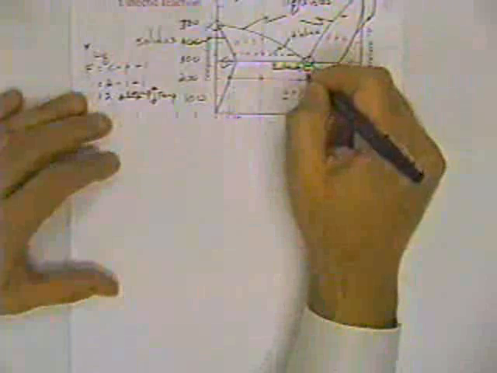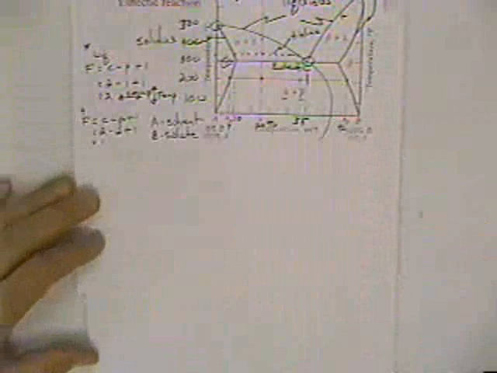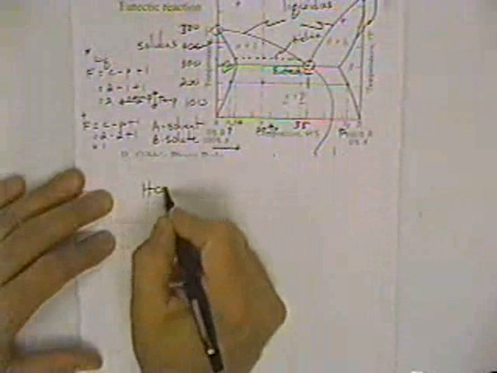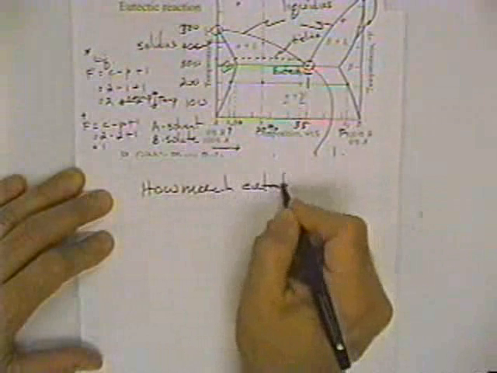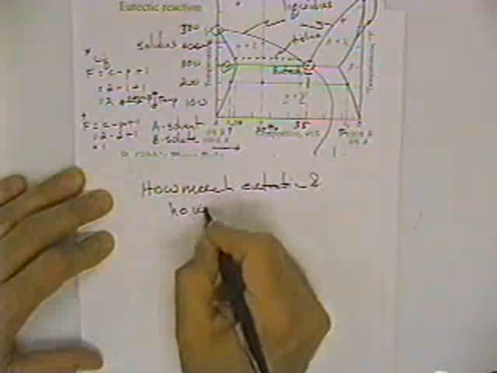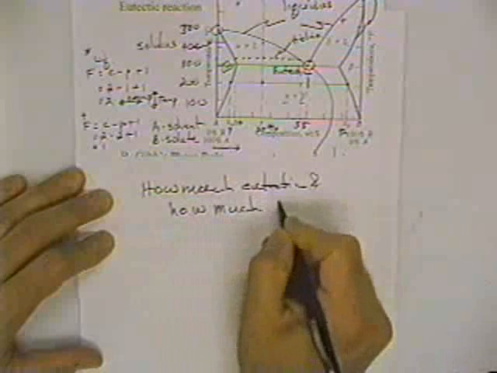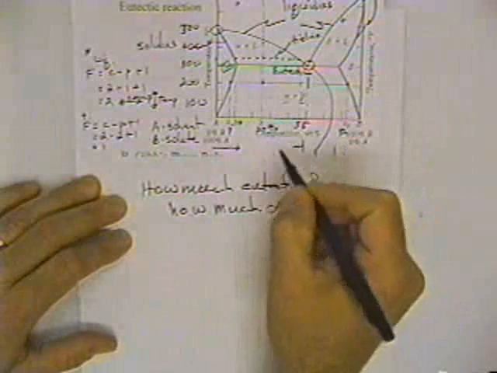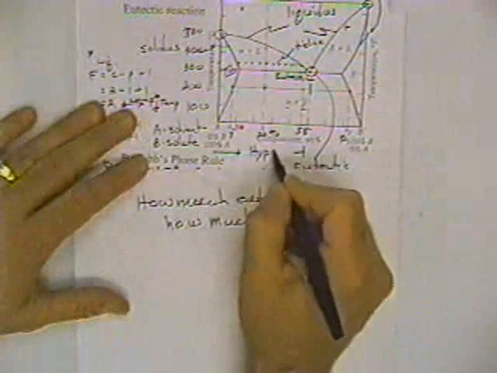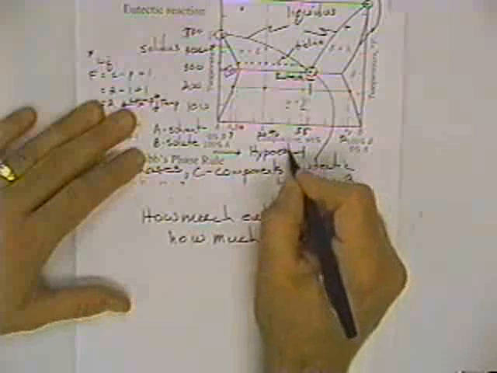Now there's one other thing that you can do here. If you wanted to know how much eutectic and how much alpha, you could draw your tie line right at the eutectic point, because we're on the side of the diagram that's called hypo-eutectic.